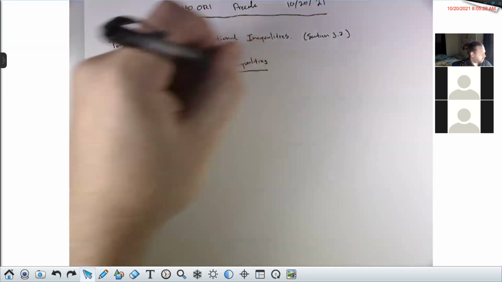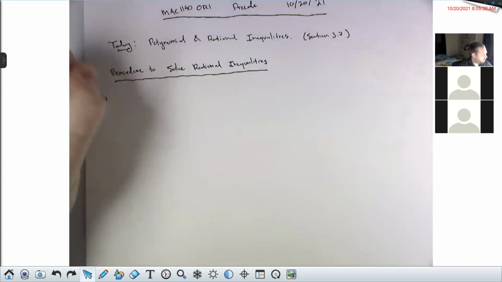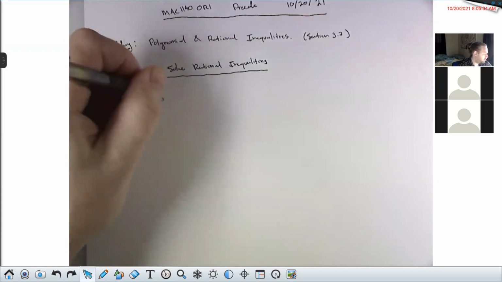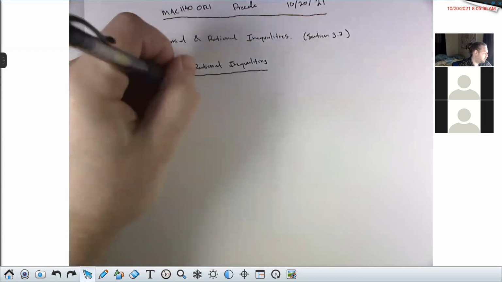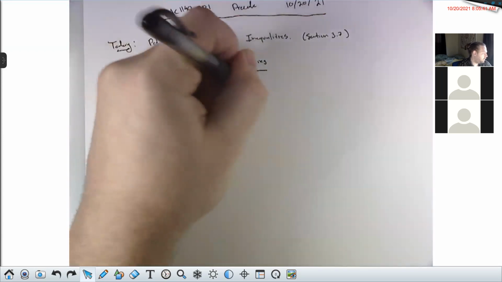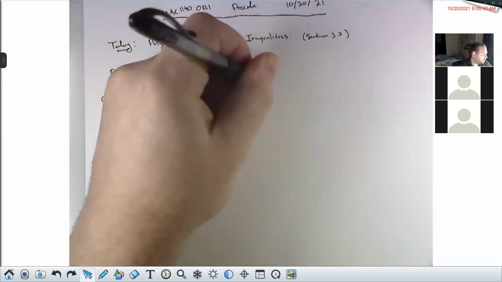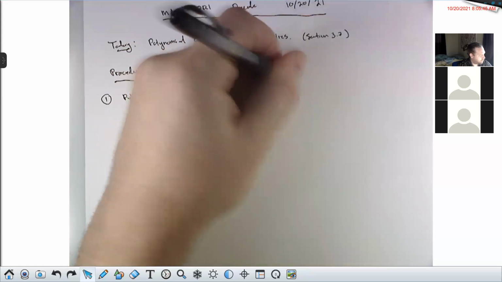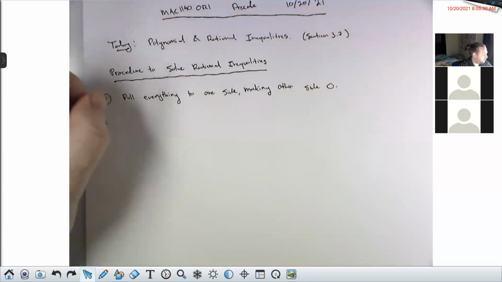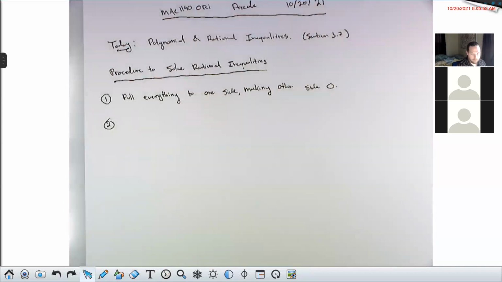is the procedure to solve rational inequalities. First, we pull everything to one side, making the other side 0. Then, if necessary, we get a common denominator. If you're looking at a polynomial inequality, there aren't any denominators, so you don't need to worry about a common denominator.